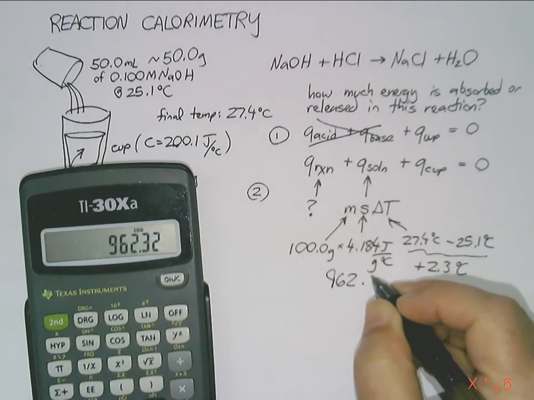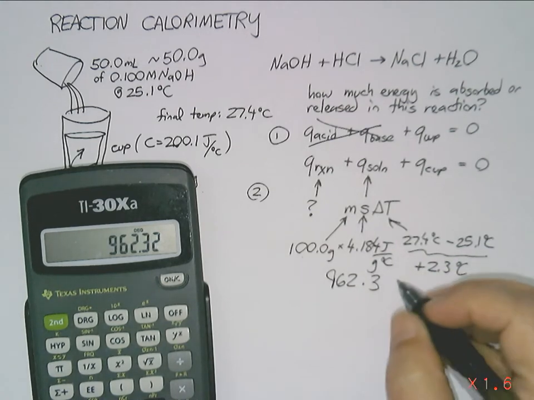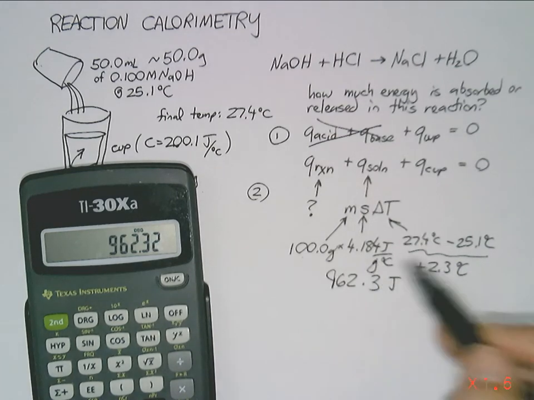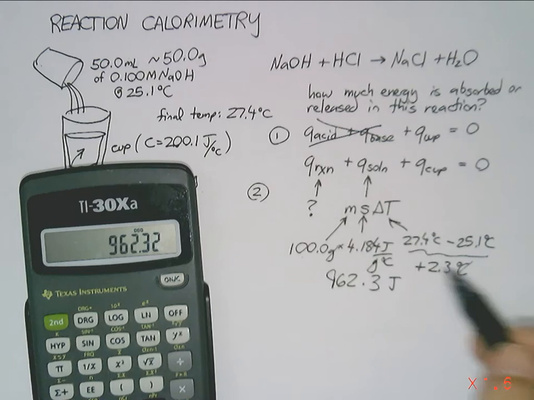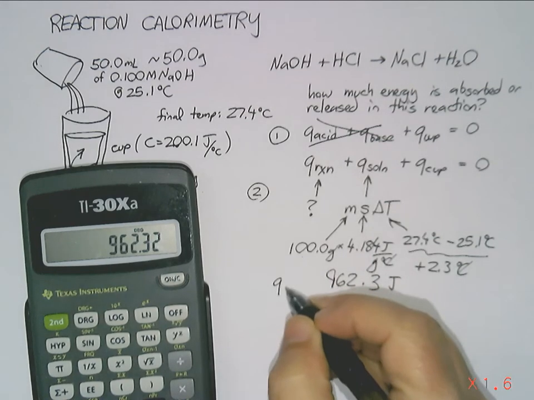And I'm not going to worry about significant figures right now. Well, we can worry about that later. And joules are the units, because look, grams and grams cancel, degrees Celsius and degrees Celsius cancel, and I'm left with joules. This is what Q solution is.